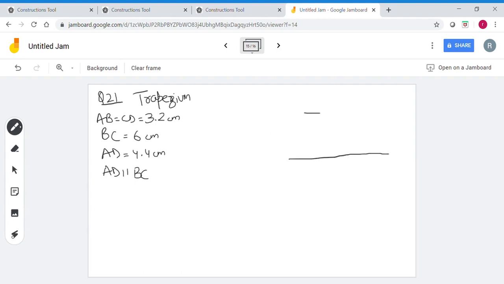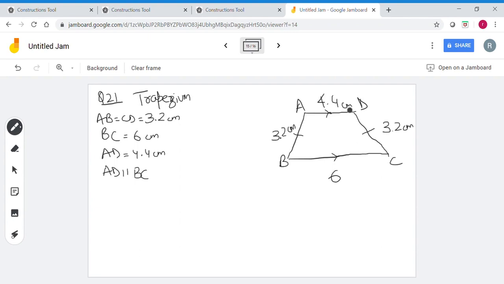So this is AD parallel to BC, A, B, C and D. AB is equal to CD is equal to 3.2. Yes, this is a specific kind of trapezium, which is an isosceles trapezium. BC is given as 6, AD is given as 4.4. Now how do I figure out how to draw this?